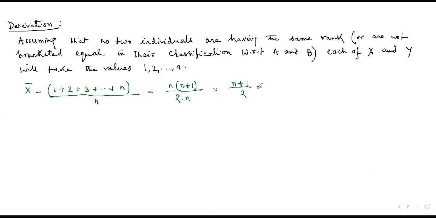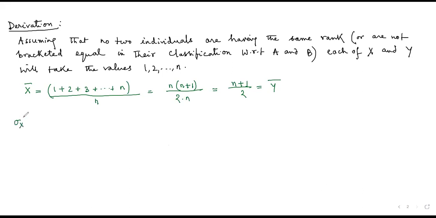You can also check that the mean of the random variable Y is the same, because Y also takes values from 1 up to n. So X bar and Y bar are the same. So we have calculated the average mean rank of the individuals.